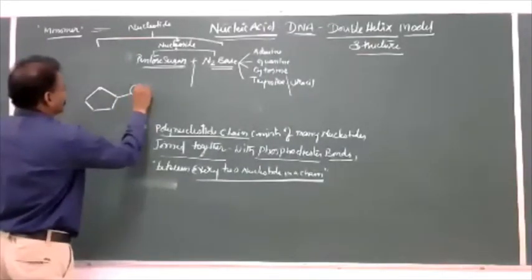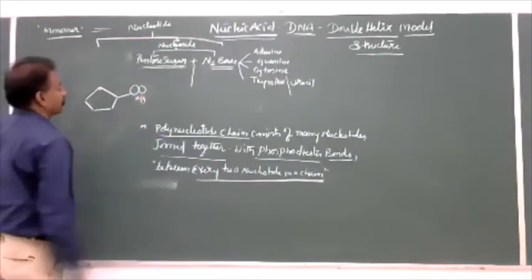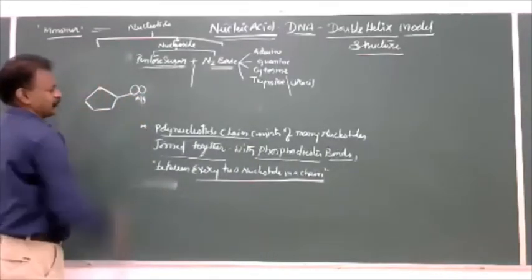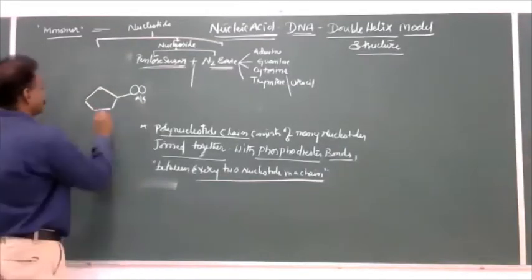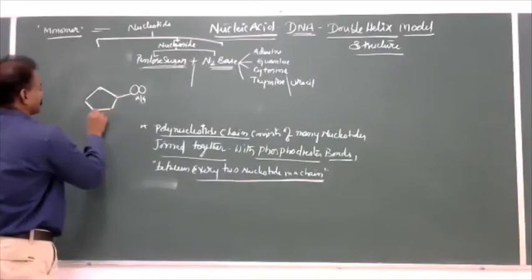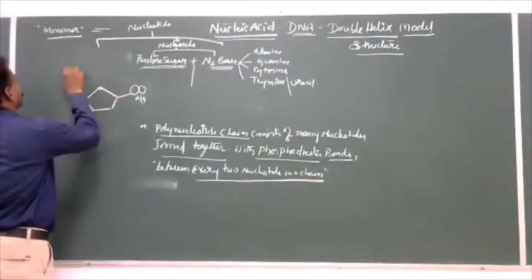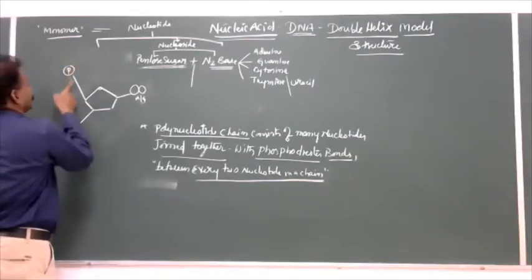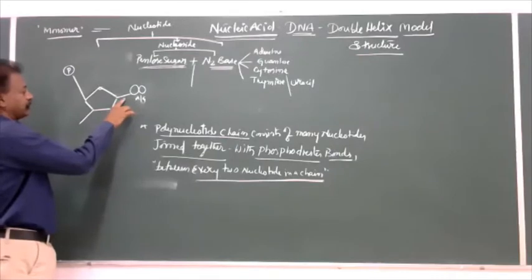If two rings are there, it should be adenine or guanine. If a single ring is there, it is a pyrimidine: thymine or cytosine or uracil. First carbon, second carbon, third carbon, fourth carbon, fifth carbon attached to phosphate, with a phosphoester bond and a glycosidic bond.